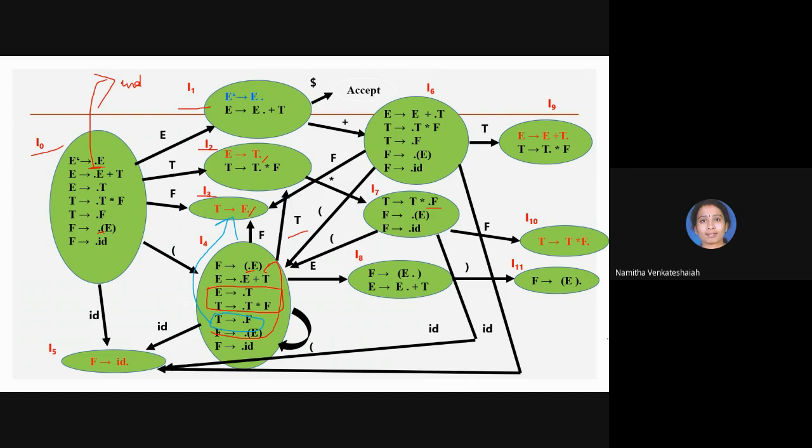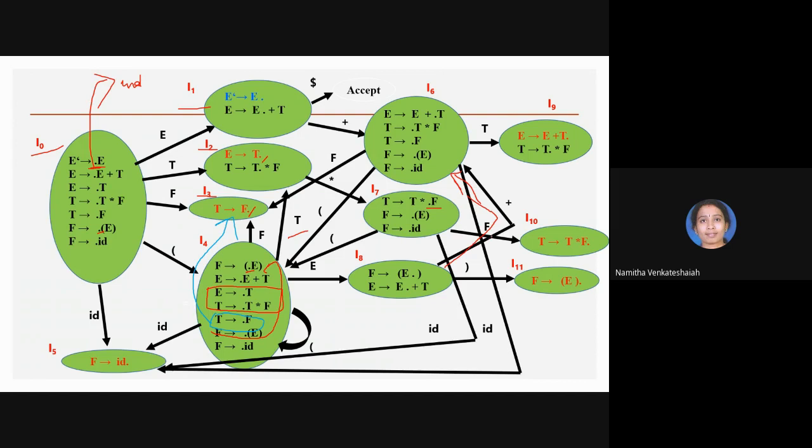I should get E plus dot T. Where is it? It is here in I6. So I8 will go to I6 on plus. So that's what is written here. Got it.